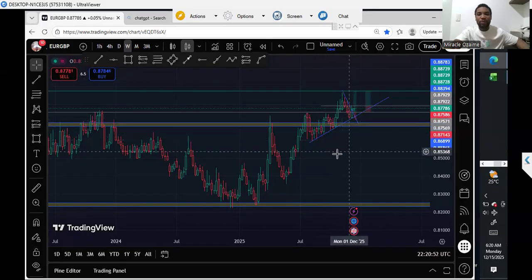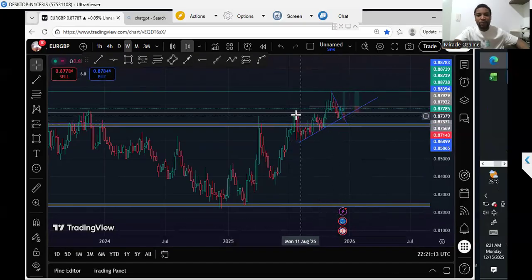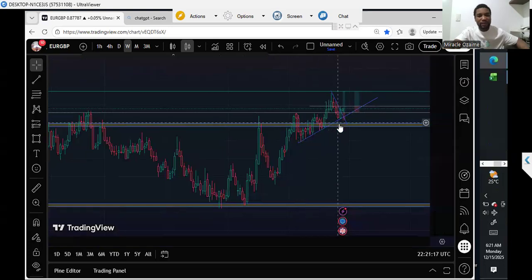So if you check it properly, this is looking like an ascending channel that the market came to test. This is just a retest of the structure, a little bit of push down, a kind of manipulation around this area, but you can properly see that this market came to test it, and this is looking corrective as well.